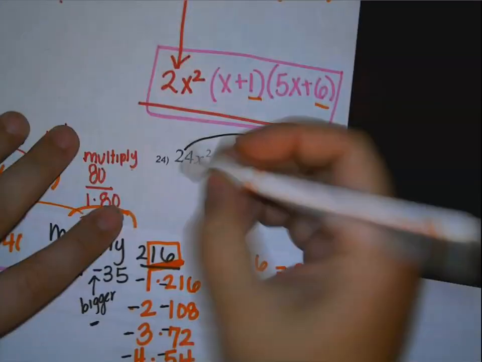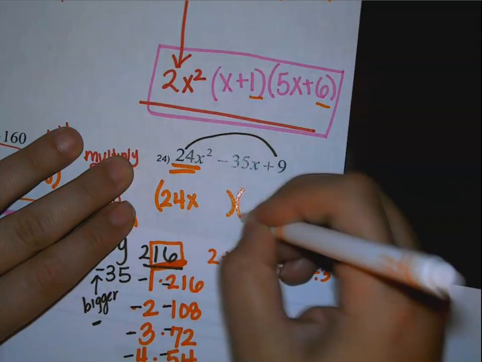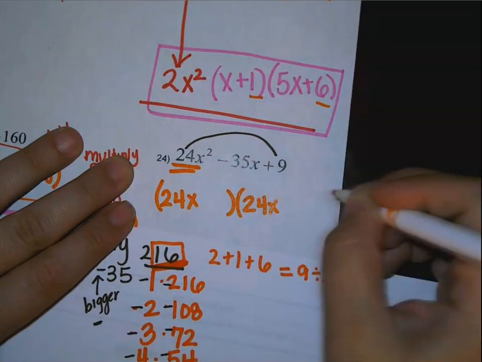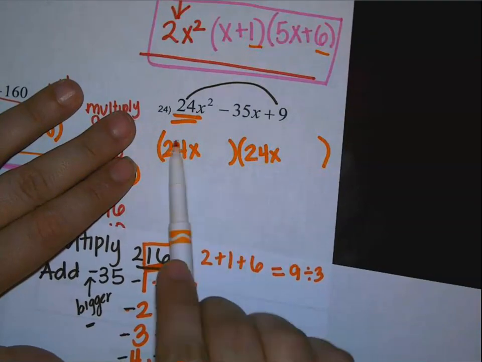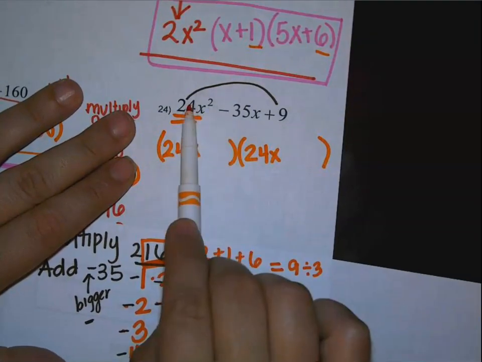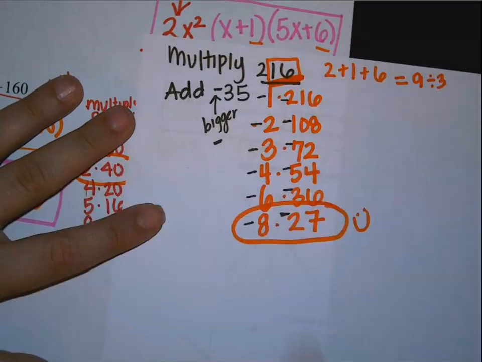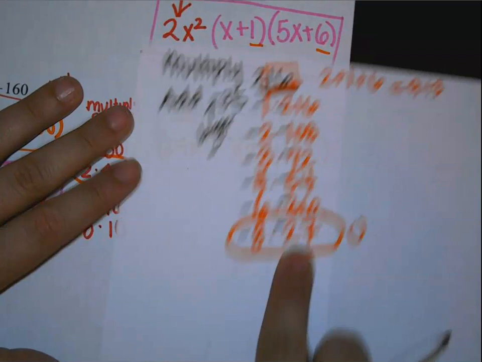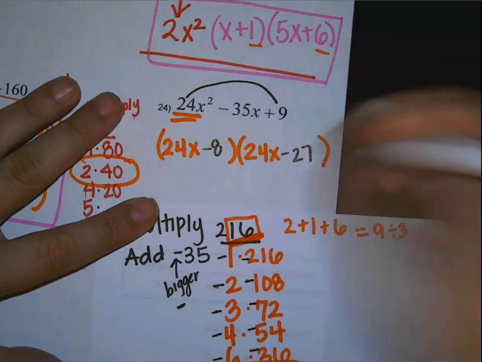So then we're going to take this 24x and put it here and put it here. Now again, this is so wrong because 24 times 24, when you FOIL this, we don't get this. But it's okay. We'll take care of that mistake in a moment. We're going to now fill in the spots with the negative 8 and the negative 27.